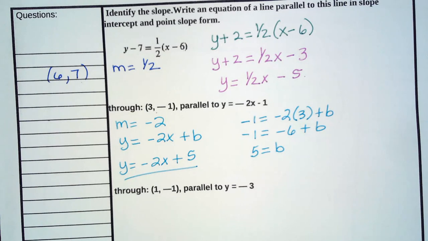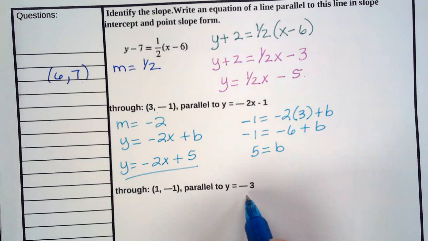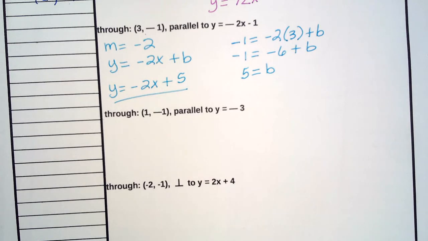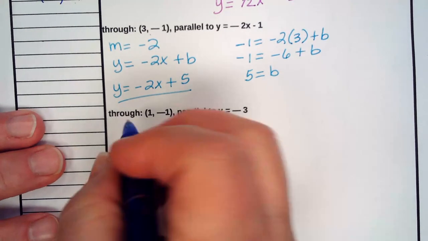What if it's through 1, -1, and parallel to y is equal to -3? Our slope is 0. But what do we know about any line that's going to be parallel to y is equal to -3? It's got to start with y is equal to something.